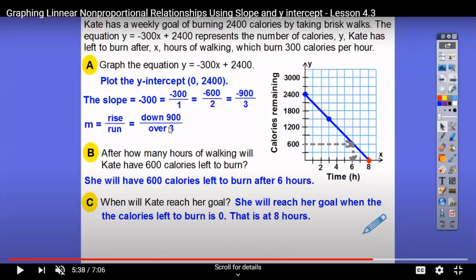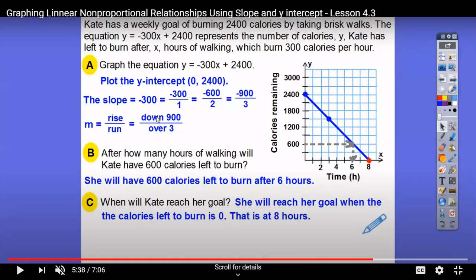So we can use another one. It would be negative 600 over 2 and then negative 900 over 3. Sorry, this one, it will be negative 900 over 3. All of these numbers, when you simplify them, you will find the original one, which is negative 300 over 1.